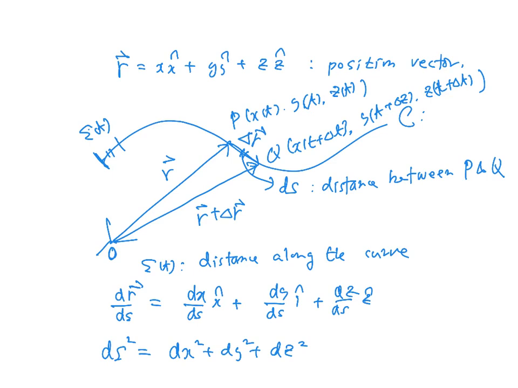So x is actually changed by ds. So maybe I should use this delta r. Your distance is ds. So ds is actually the magnitude of delta r. Delta r is delta x x, delta y y, delta z z, which is actually the same as ds.